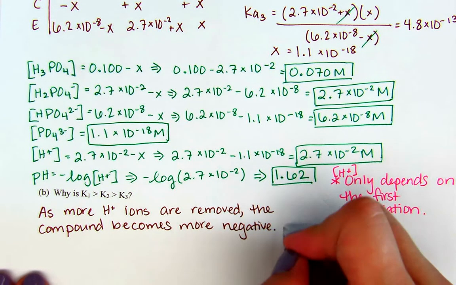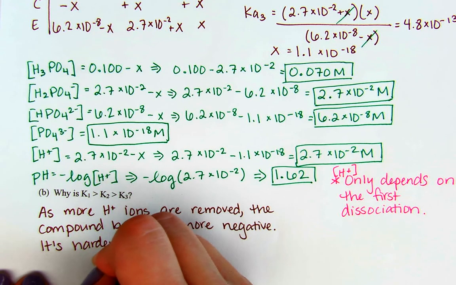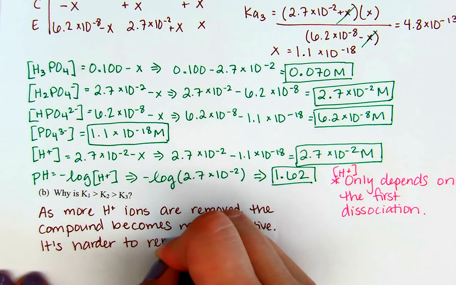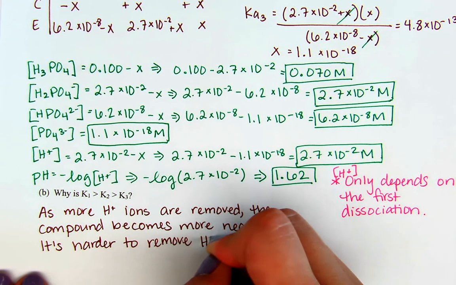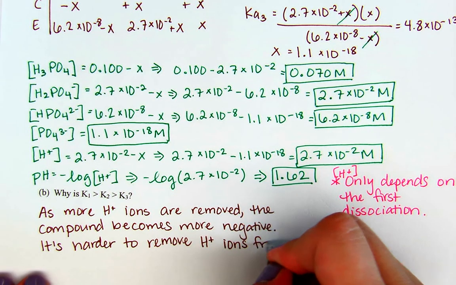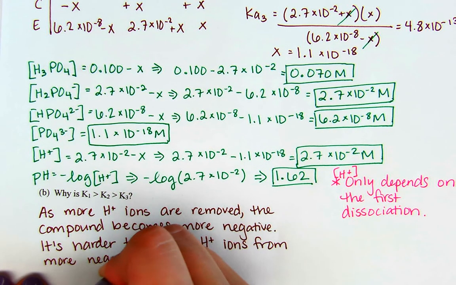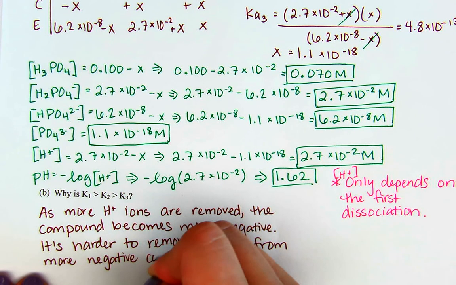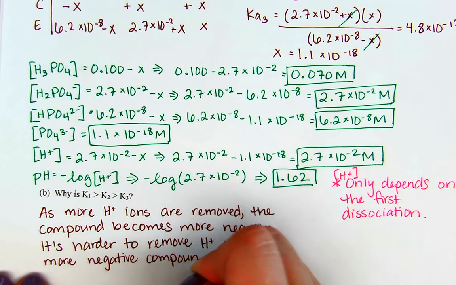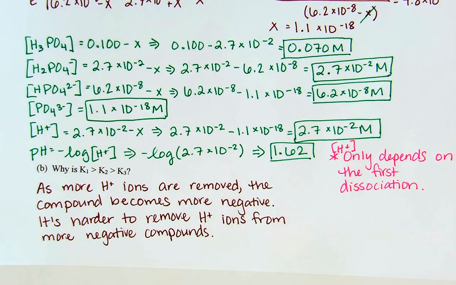It's harder to remove hydrogen ions from more negative compounds. Because opposites attract, the more negative you have, the more it's going to attract those positive hydrogens, and they're hard to tear off. Alright, I hope that was helpful.